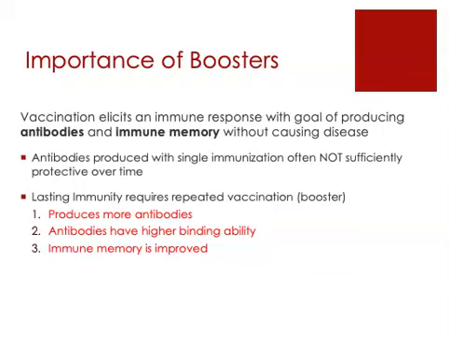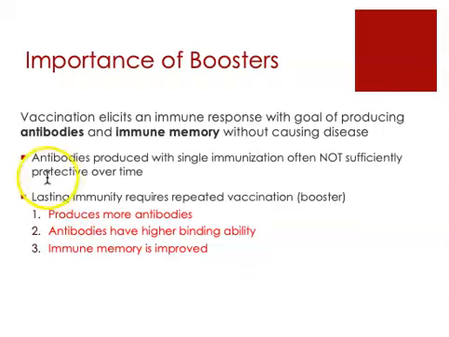And sometimes we need to booster the vaccine years later. The reason that we booster vaccines is because it produces the most effective immune response across time. Lasting immunity comes from booster shots.